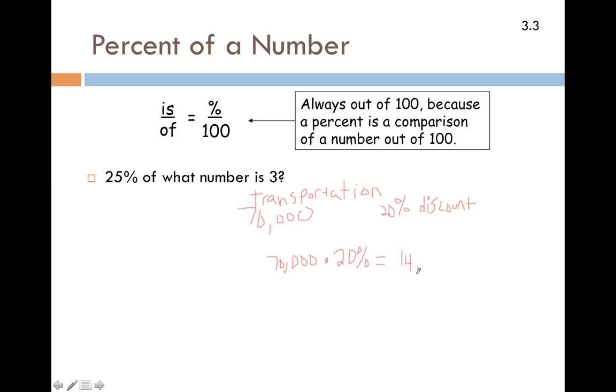That's the discount. Now remember, we said subtraction has to be involved in this problem. So we're going to take 70,000 minus 14,000.